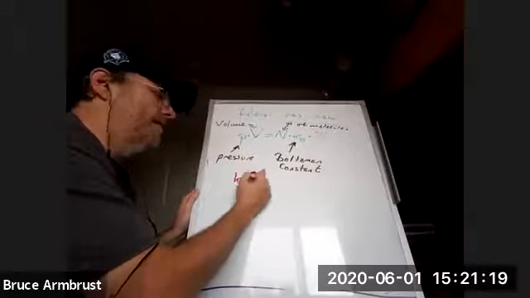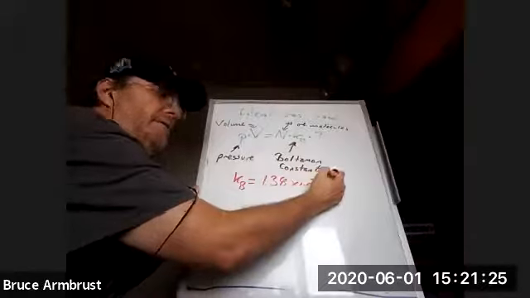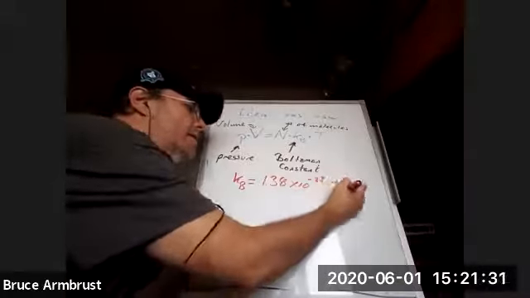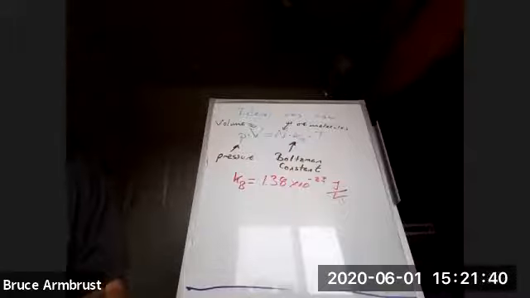The value of k sub B is 1.38 times 10 to the minus 23, and the units are joules per Kelvin. This value was found, it needed to be 1.38 times 10 to the minus 23 to make this law and other things that you'll see in the future work as well. So that's the Boltzmann constant.